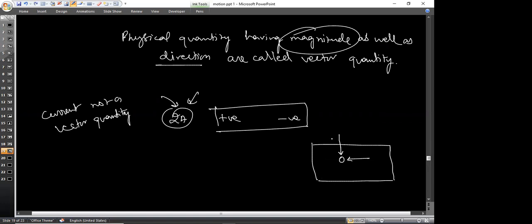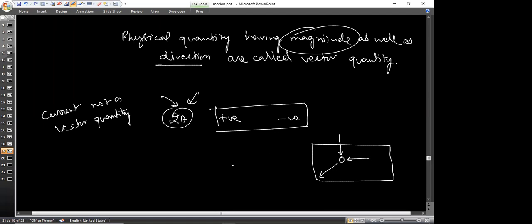Since both forces are exerted simultaneously, the net movement of the ball will be in this direction. This force is making the ball move downward, and this force is making it move sideways, so after some time the ball will be in this direction. So if both hit simultaneously, the net force will be in this direction.